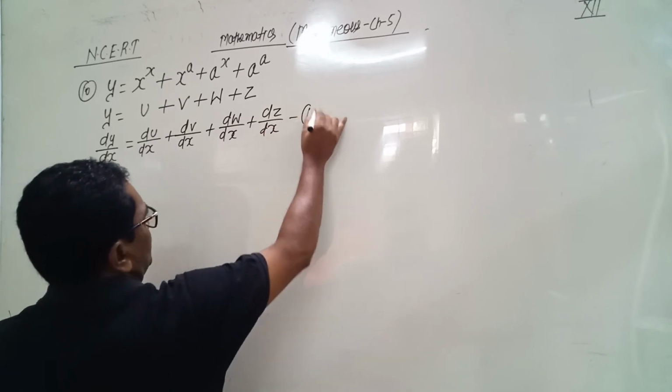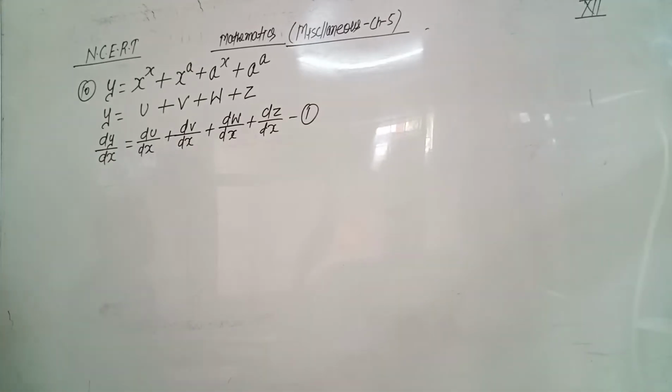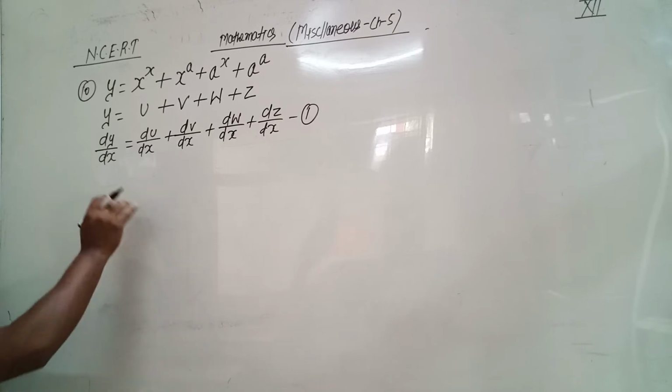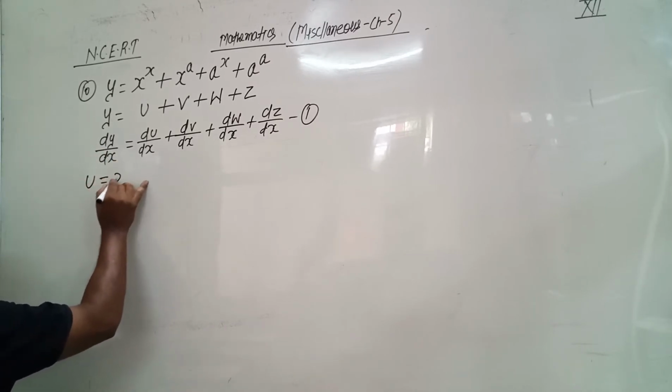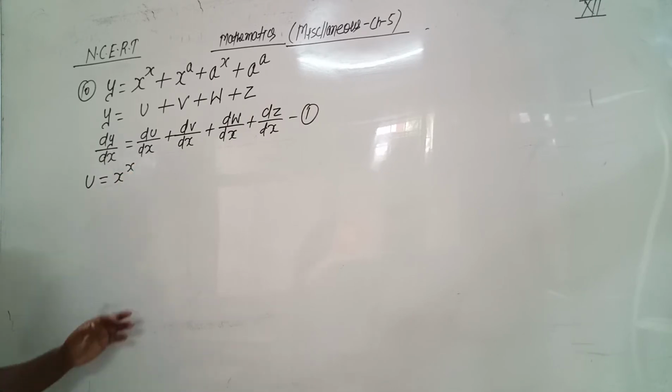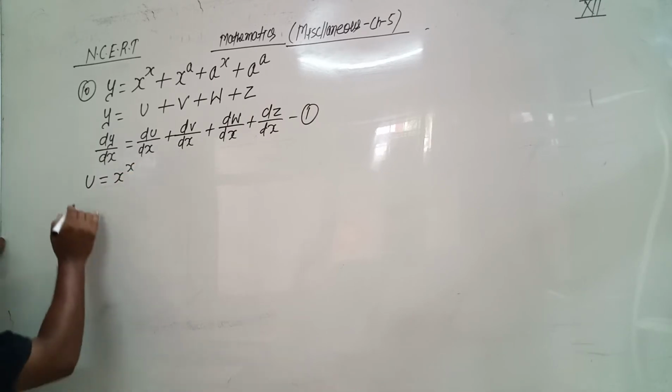Name it first equation. Then we find separately all these differential coefficients and then we put the value of all these in the first equation. So we have u equals x raised to the power x, taking log both sides.